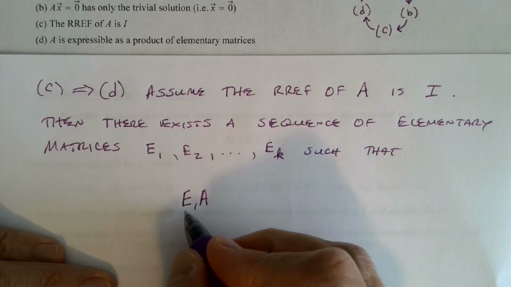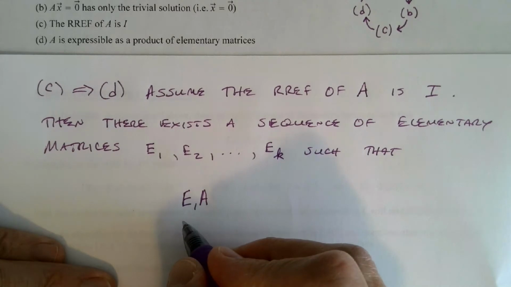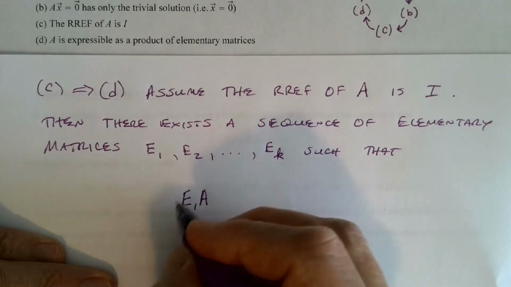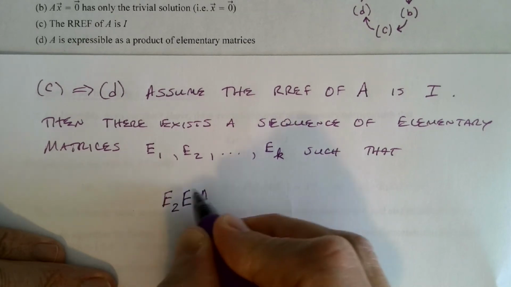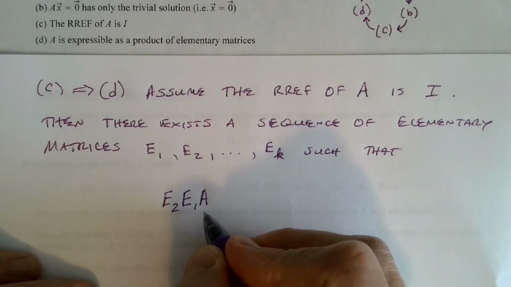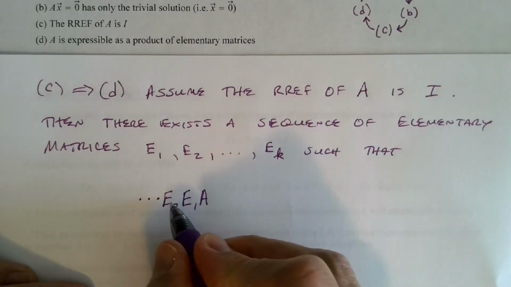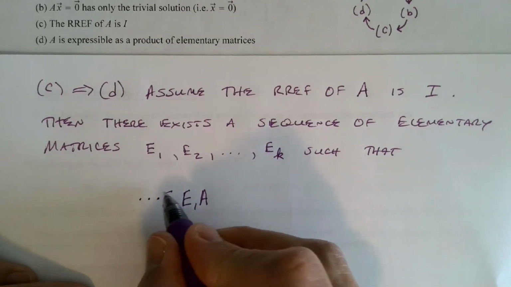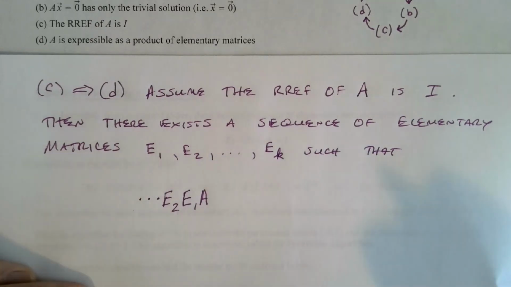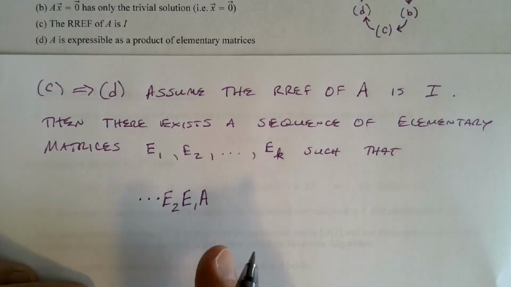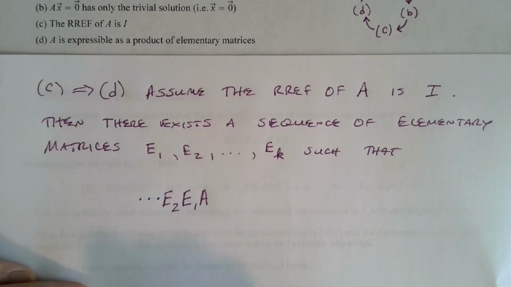And then I get a 0 beneath that leading 1, so I add a multiple of row 1 to row 2 to get a 0 there. And maybe E2 does that. So if I multiply by E2, again on the left, times E1A, that will perform that row operation. And so on. By multiplying successively by these elementary matrices, this will be our sequence of row operations in transforming A into its reduced row echelon form.